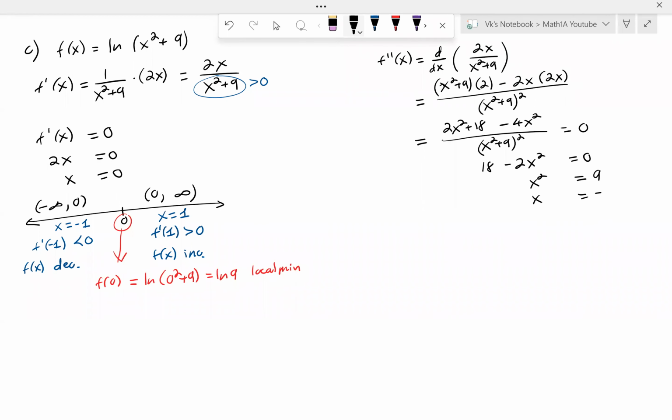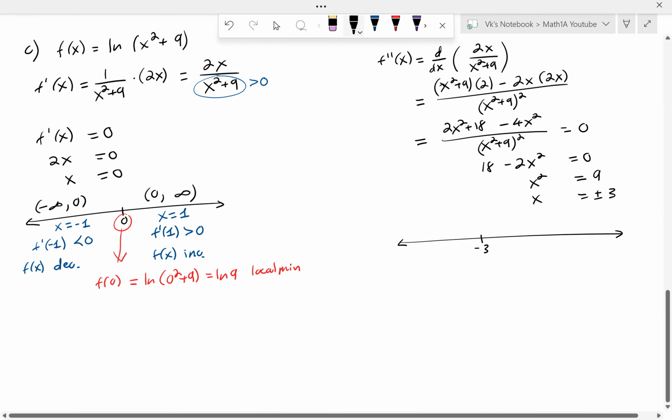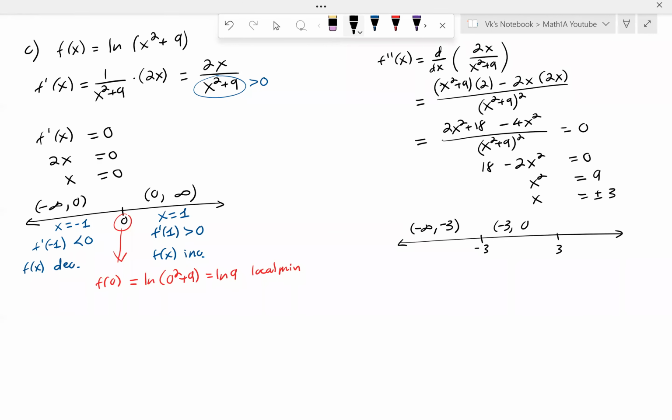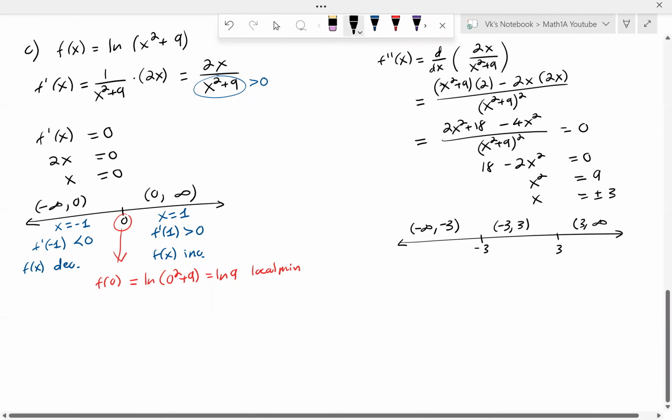So x equals plus or minus 3. Minus 3, 3. Negative infinity to negative 3, minus 3 to 3, and 3 to infinity. We have 3 intervals to test.